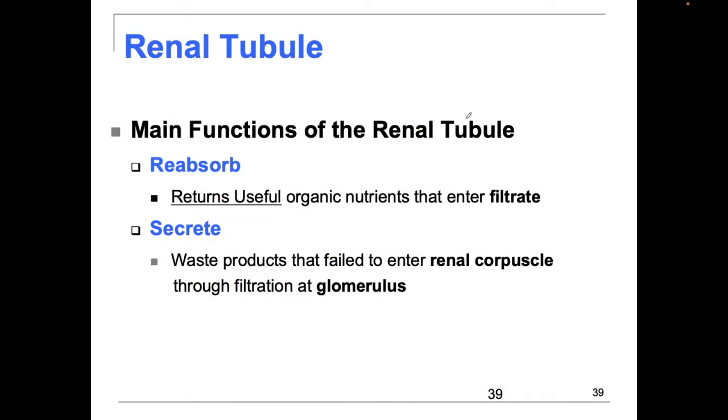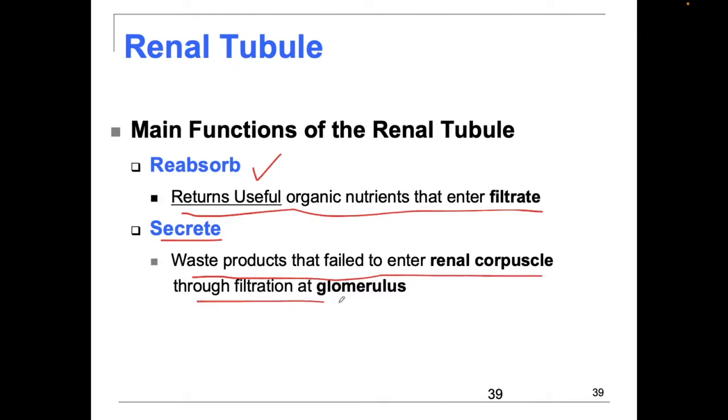The renal tubules. So the main function of these renal tubules is going to be reabsorption, meaning we have the ability of returning useful organic nutrients that enter the filtrate back into your blood supply. That's reabsorbing it. Or we can secrete it, which is where the waste products that fail to enter the renal corpuscle through filtration at the glomerulus, we can secrete that, and after it's secreted, you can excrete it.